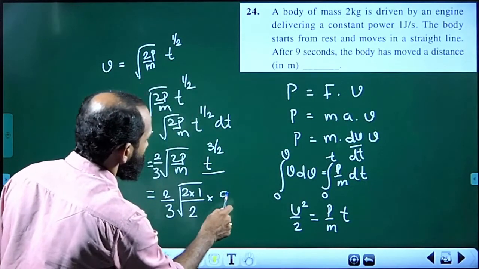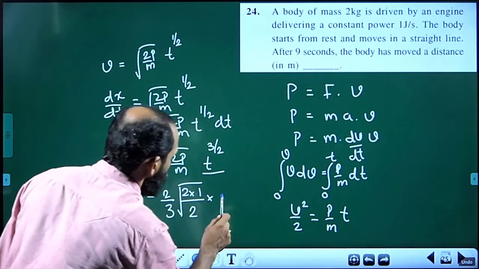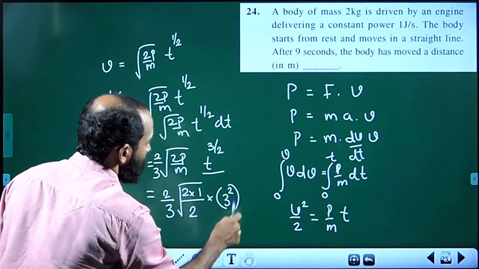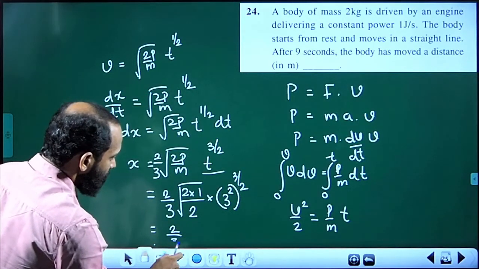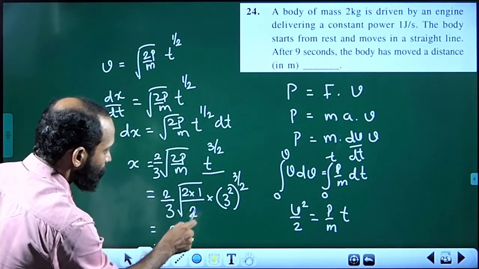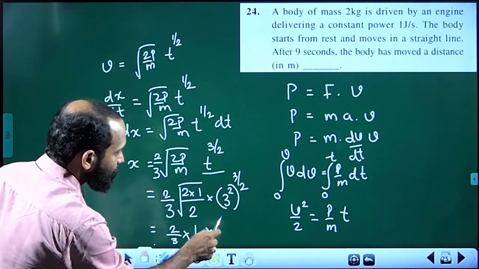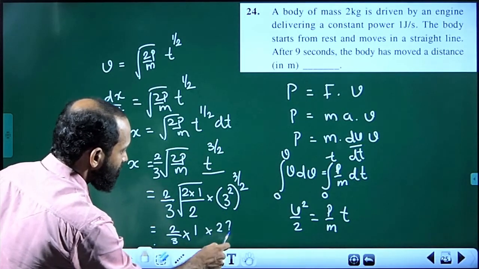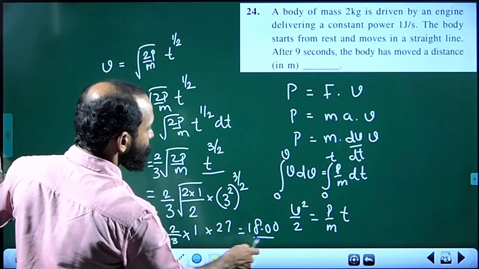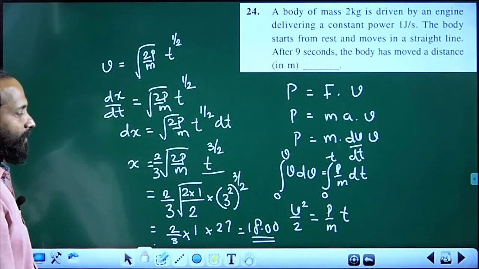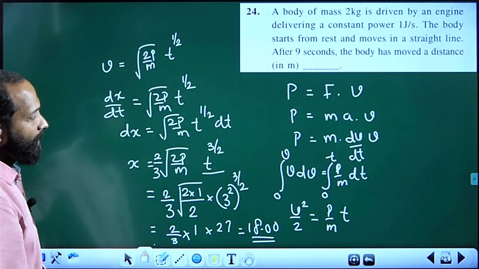That is 9 raised to 3 by 2. 9 can be written as 3 square raised to 3 by 2. That 2 cancels. Here 2 by 3 times square root of this one cancels, 1 times 3 cube becomes 27. Okay, now that will be 18.00 will be the correct answer.